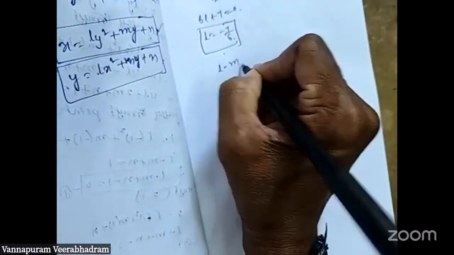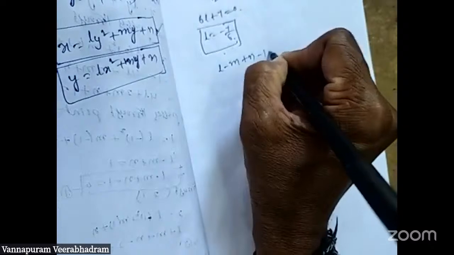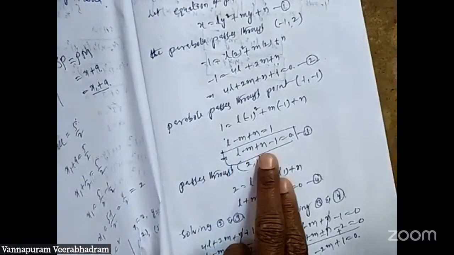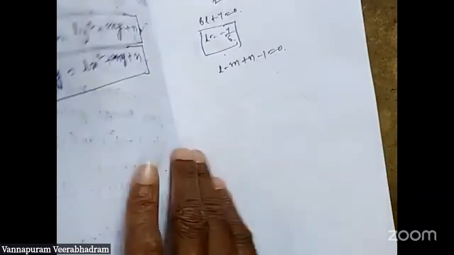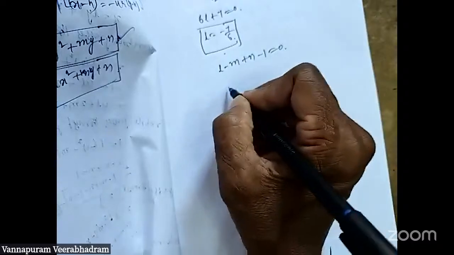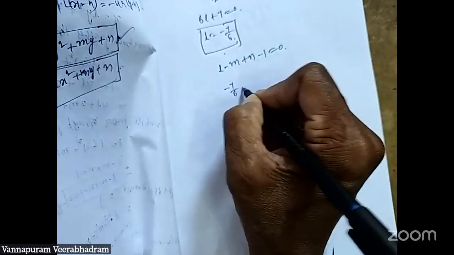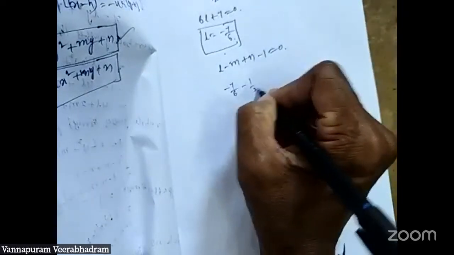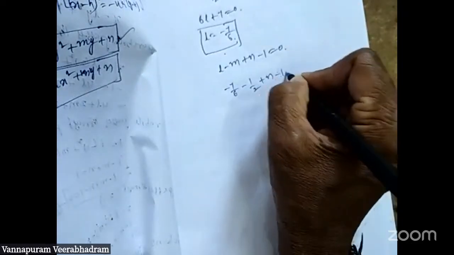Substitute the values of m and L: minus 7 by 6 minus 1 by 2 plus n minus 1 equal to 0.